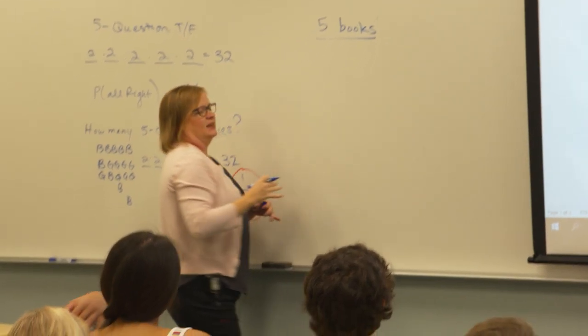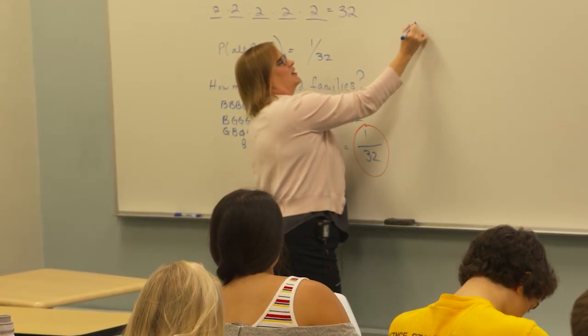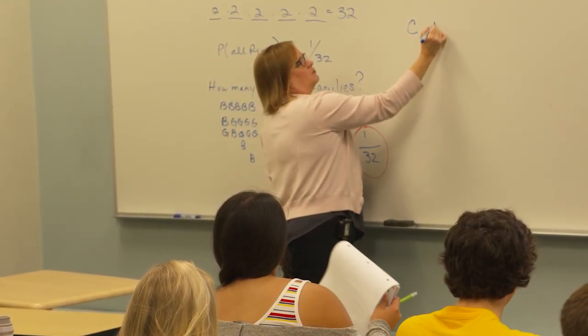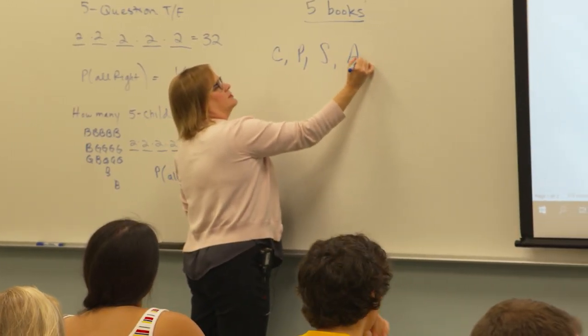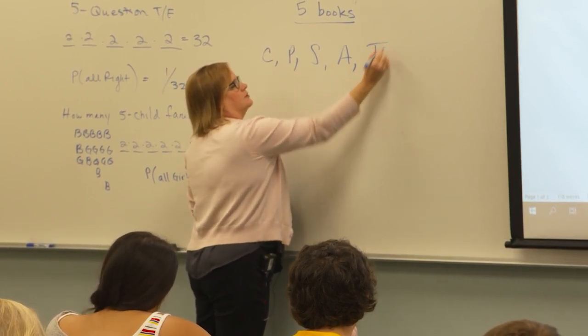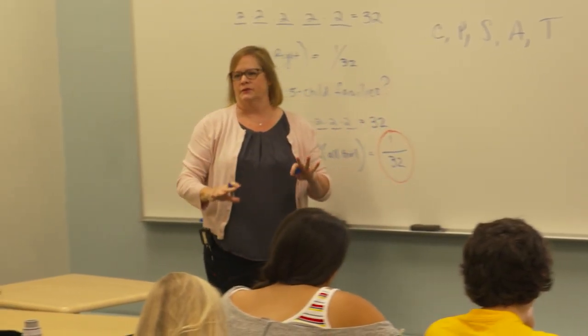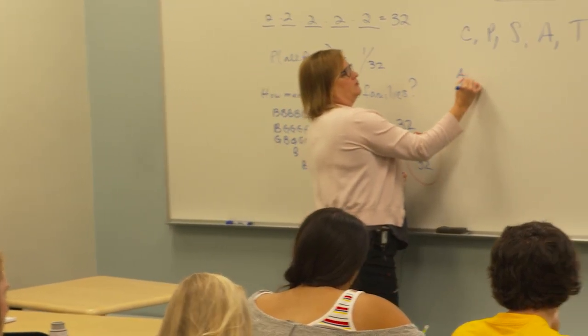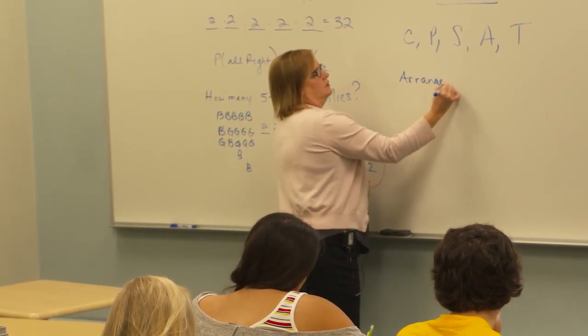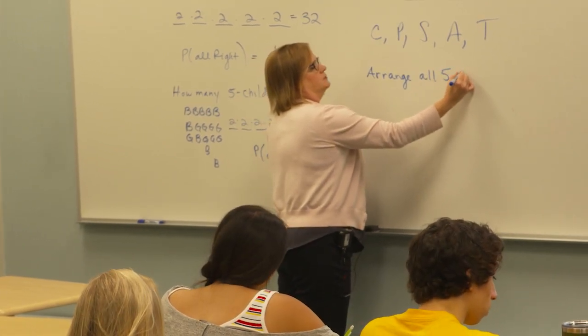Okay, maybe I'm fabricating it just a little bit, but I've got a calculus, a pre-calc, a statistics, let's say an algebra, and a trig. Those are my 5 books, right? 5 distinct books. And I want to arrange all 5 of them on a shelf.